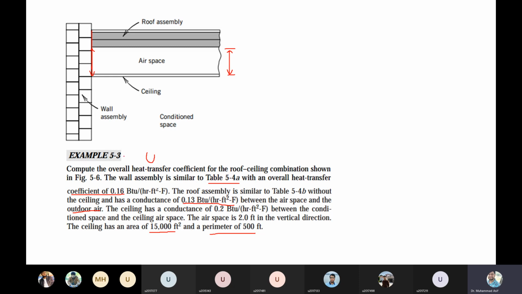So can anyone tell me what the resistance combination will be in that case? How will the resistance be formed?